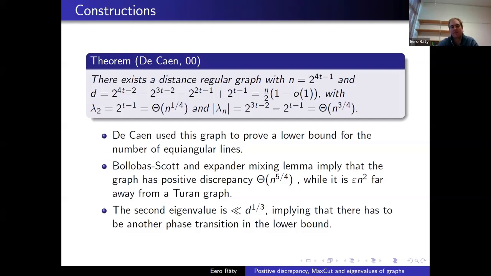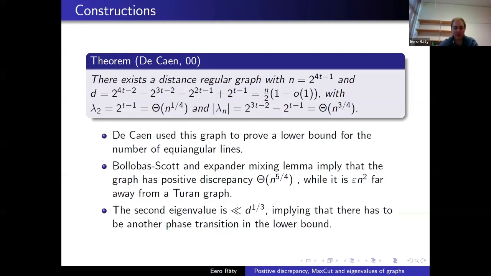In this case, a construction of Kern, which was used to prove that there exists a graph with order d squared equiangular lines, has positive discrepancy of the order n to the 5 over 4, which is smaller than the lower bound we had for the second eigenvalue and matches the lower bound we had for the positive discrepancy.